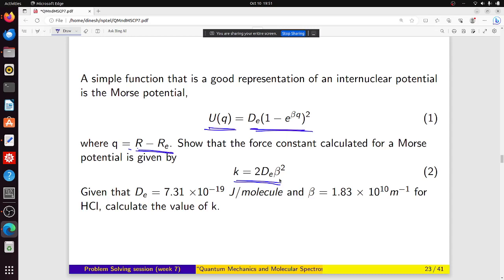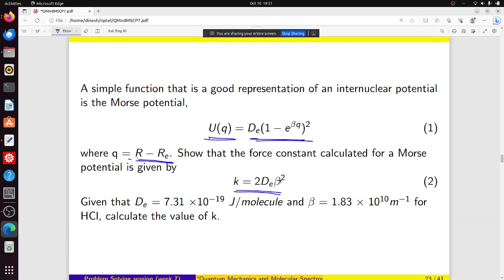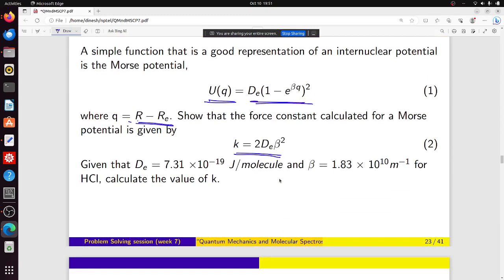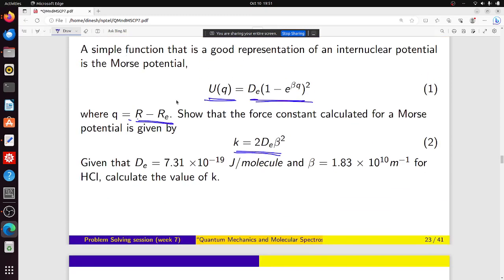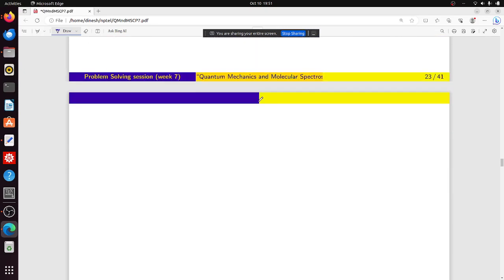Okay, so this internuclear potential is given as U(q) equals De times (1 minus e to the power minus βq) squared. This q is a length unit.